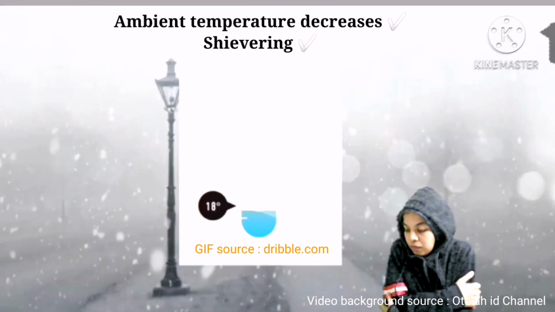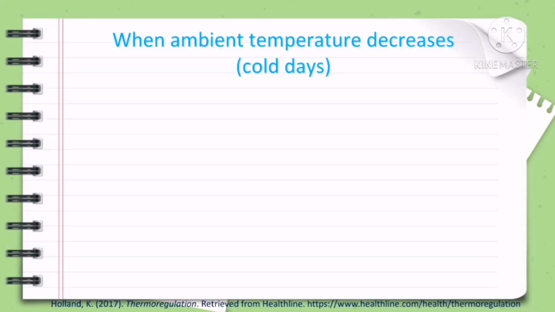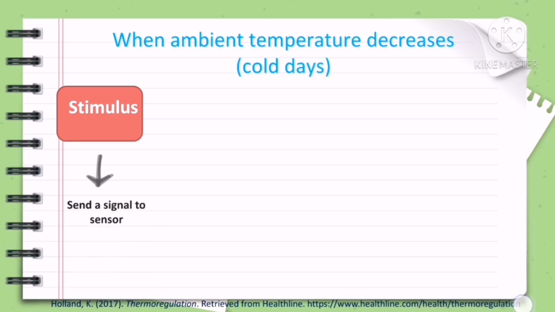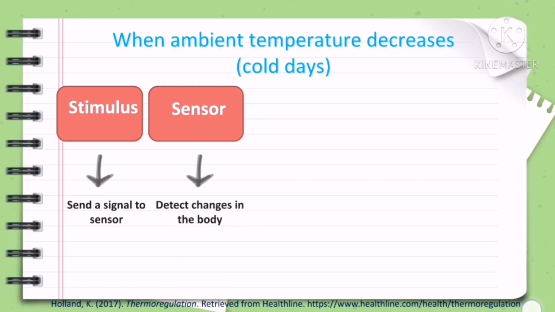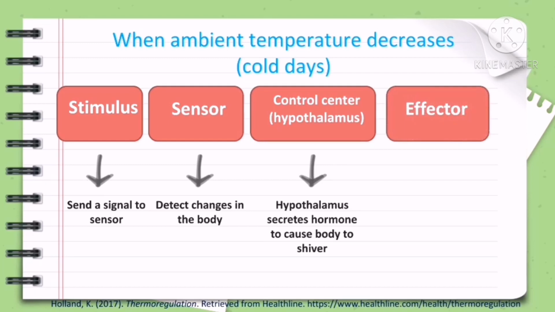This is because heat releases out from the body and helps to reduce our internal body temperature. However, when ambient temperature decreases or during cold days, stimulus will send a signal to the sensor. After that, the sensor will detect the changes in the body. And then the control center, which is hypothalamus, will secrete hormone to cause our body to shiver.